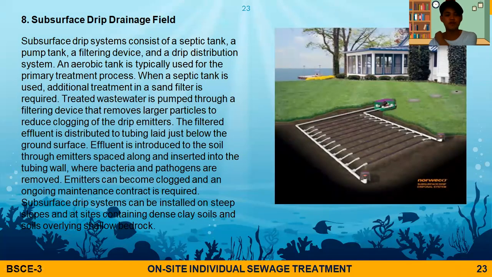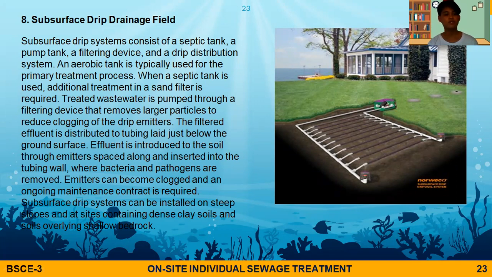Next is the subsurface drip drainage field. A subsurface drip system consists of a septic tank, a pump tank, a filtering device, and a drip distribution system. An aerobic tank is typically used for the primary treatment process. When a septic tank is used, additional treatment such as sand filters is required.